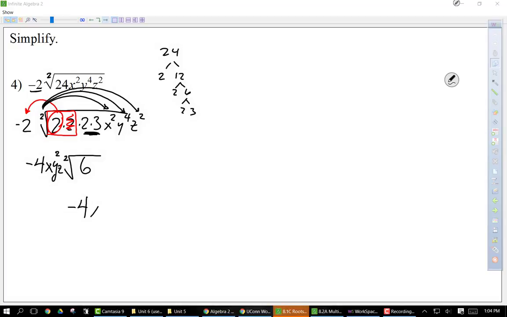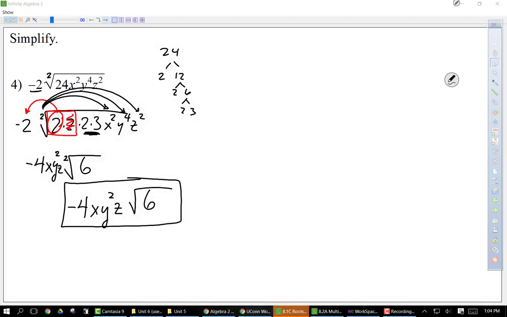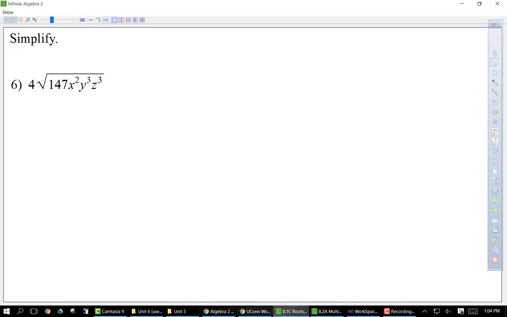Negative 4x y squared z times the square root of 6. And again, you don't have to put the 2 inside the little hook, but you can if you want to. I don't want to, so I'm not going to. So there's my answer for this one here, number 4. That is how I simplify. Go ahead and try this one here, number 6. Pause video, and then hit play once you get done.